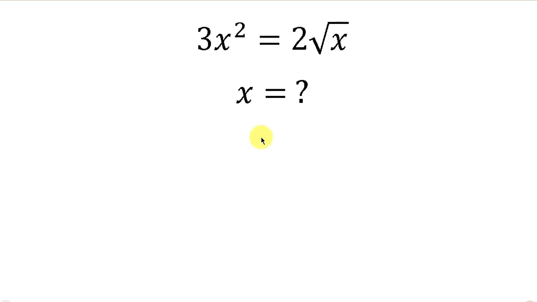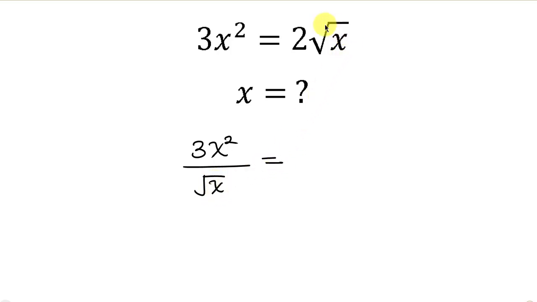Let's solve this math question that says find the value of x for which 3x squared is equal to 2 times the square root of x. Well, our first step will be for us to divide both sides by the square root of x in order to separate the variables. So we have 3x squared divided by the square root of x.